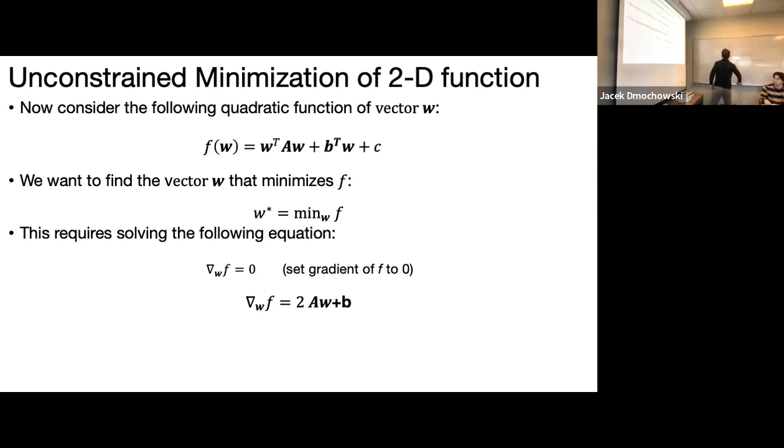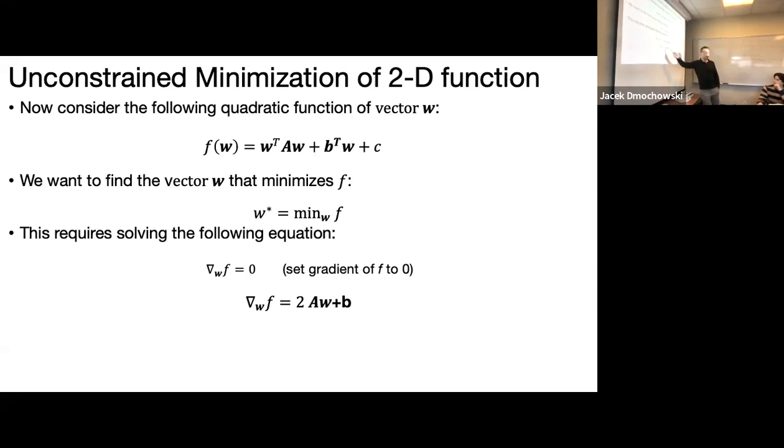I think it's easy to see that the gradient of this term is just b. It's like the derivative of a times x is just a. The b is just linearly multiplying w, so the gradient of b transpose w is just b.